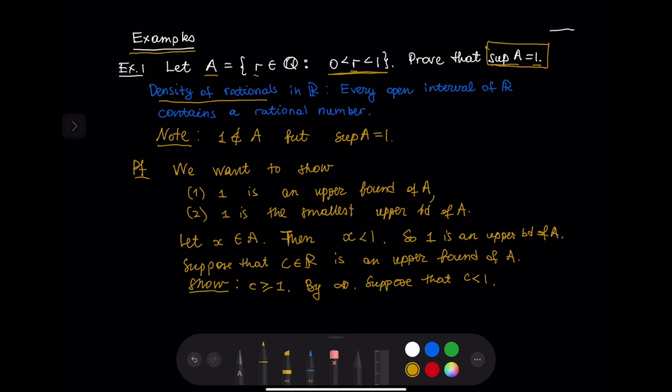So then we have this situation here. We have the number 1. We have the number C that is less than 1. So this interval from C to 1 contains a rational number.